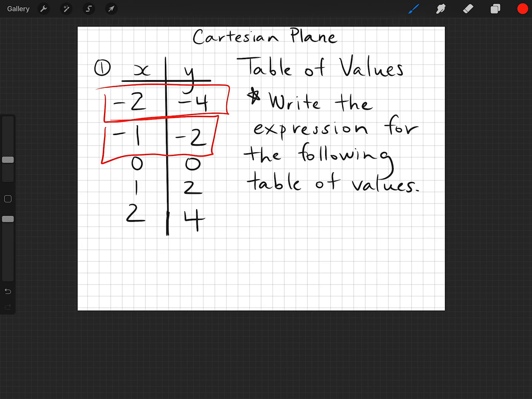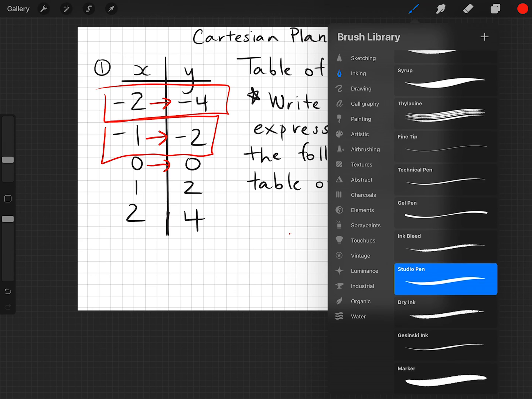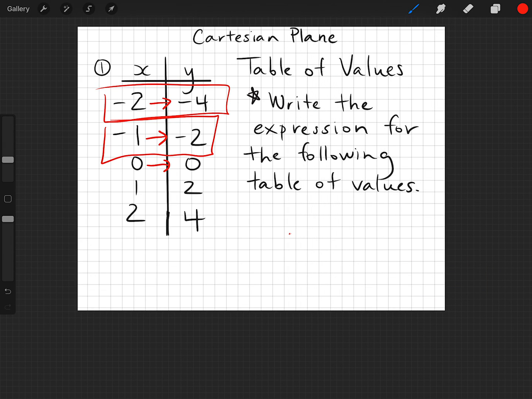Okay, so let's go back to looking at these pairings. So we have -2 to a -4, -1 to a -2, 0 to a 0. The other day, Harry Ward looked at the 0. He said that that was his benchmark that he liked to use. So let's look at just those zeros. So what can I do to 0 to make it a 0?